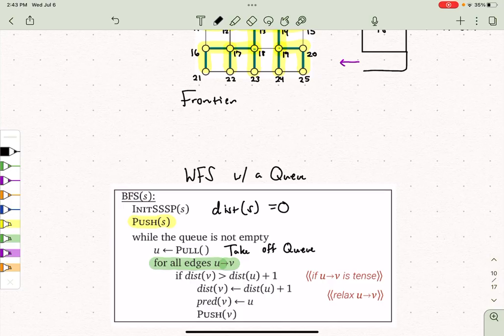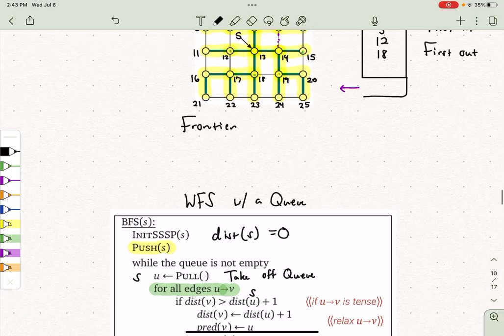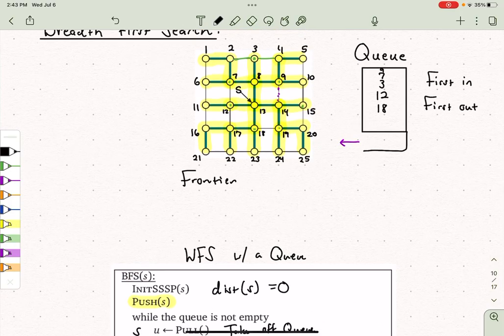We don't need any edges. But then for every neighbor of S, well, we're going to add 1 more. So when we pull U initially, it'll be S. And then this says the distance of all of its neighbors will be the distance of S plus 1, which is just 1, which makes sense. So up here, this would say that 8 has distance 1, 14 has distance 1, and so on.